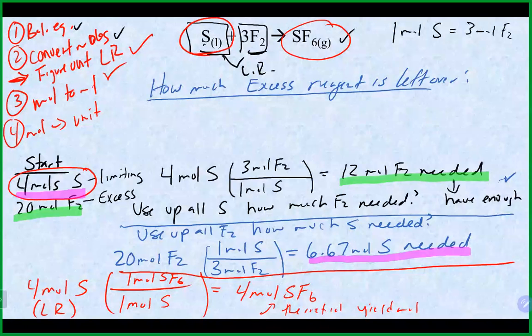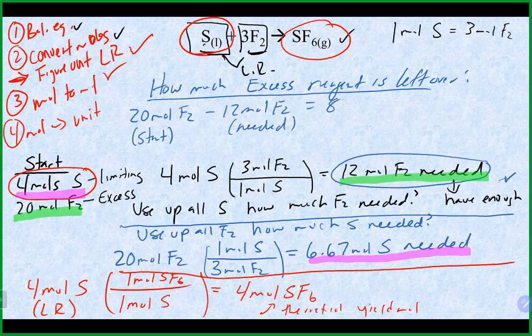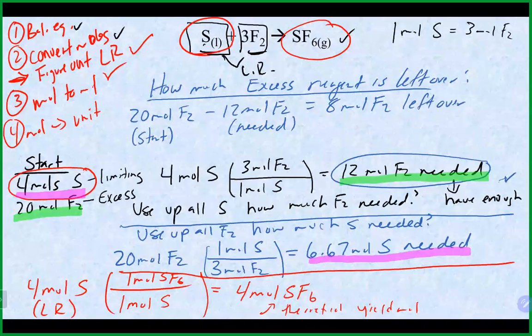I know that I am starting with 20 moles of my excess reagent, which is F2. I know from my calculation that to use up all the limiting reagent, I need 12. So if I subtract those two, that tells me I should have 8 moles of F2 left over at the end of the reaction, which I could also convert to grams using the molar mass. Now I would know how much of that excess reagent I have left over, and from the limiting reagent I would know how much product I should make.